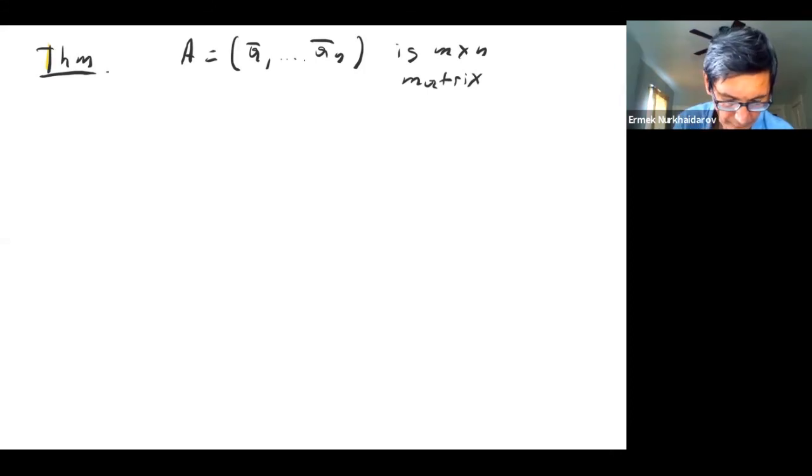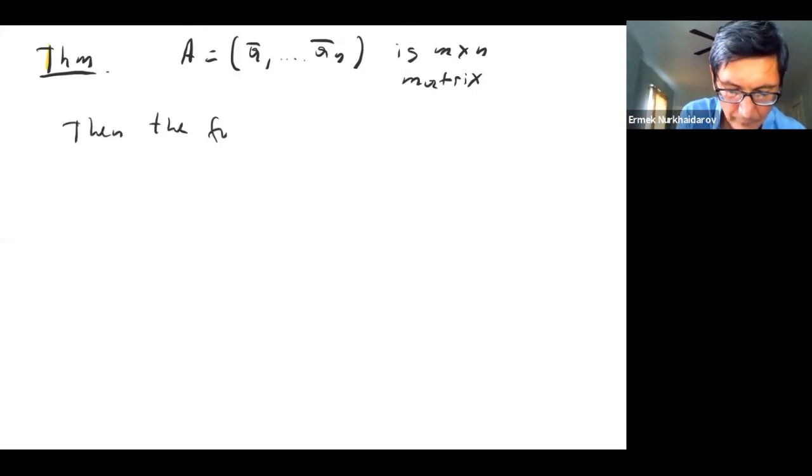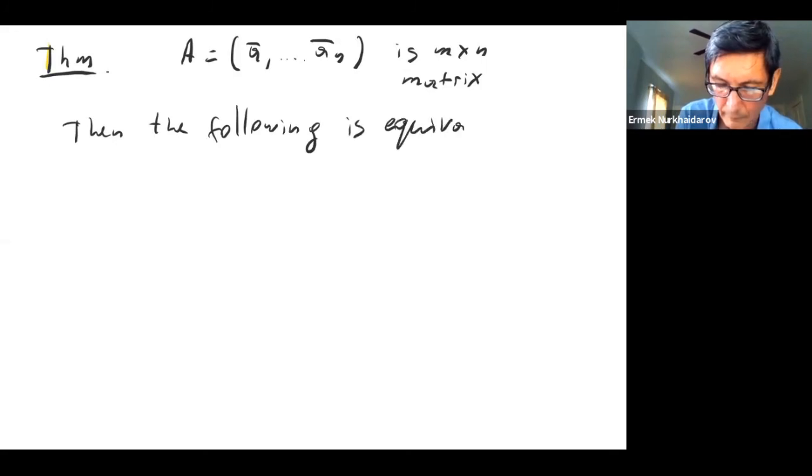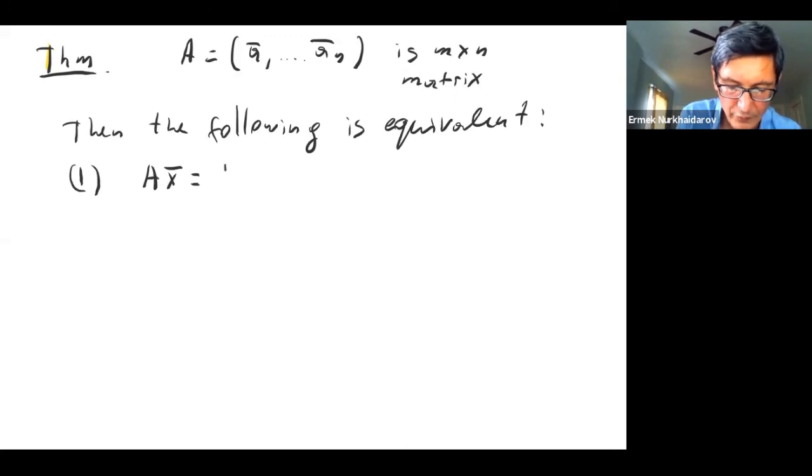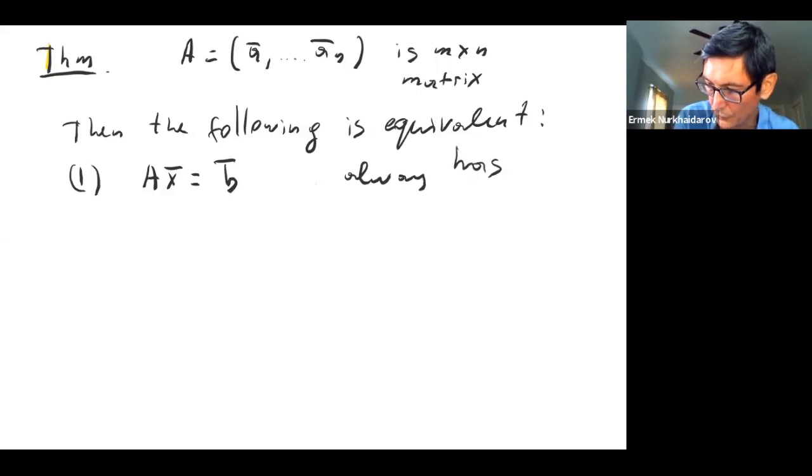Let's see. Then the following are equivalent. So what is equivalent? First one, Ax equals b has a solution, a solution or the solution.